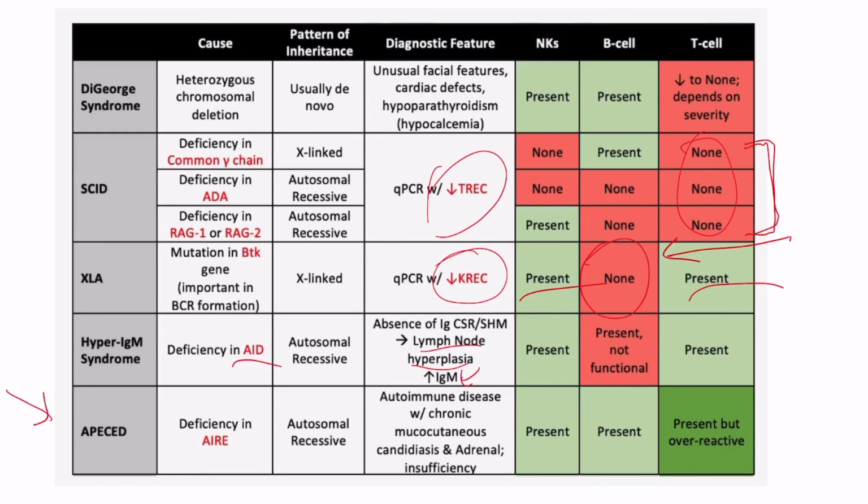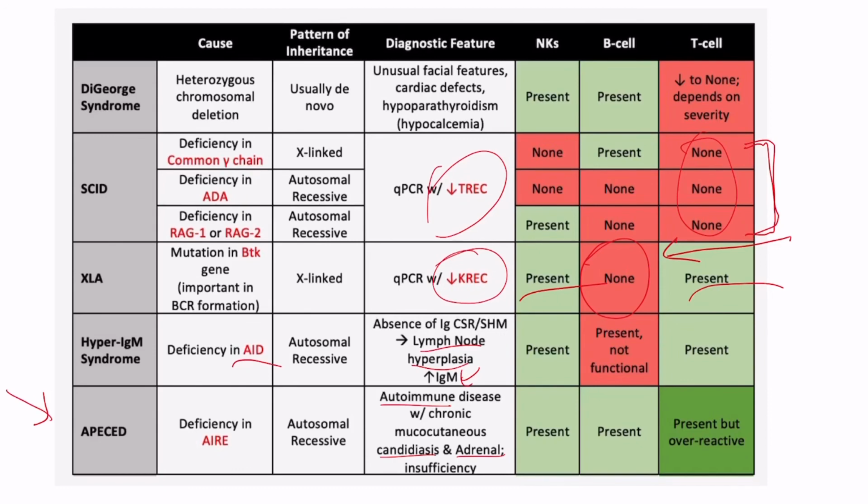So obviously, from the name, we can probably guess that it's going to be something to do with an autoimmune disease. We can probably guess that it's going to cause candidiasis, and it's polyendocrinopathy, so we can probably guess that it has something to do with the endocrine system, and so adrenal insufficiency would not be an uncommon finding.